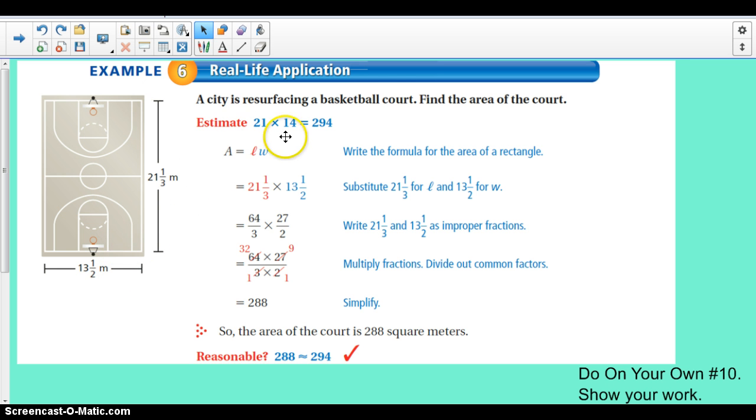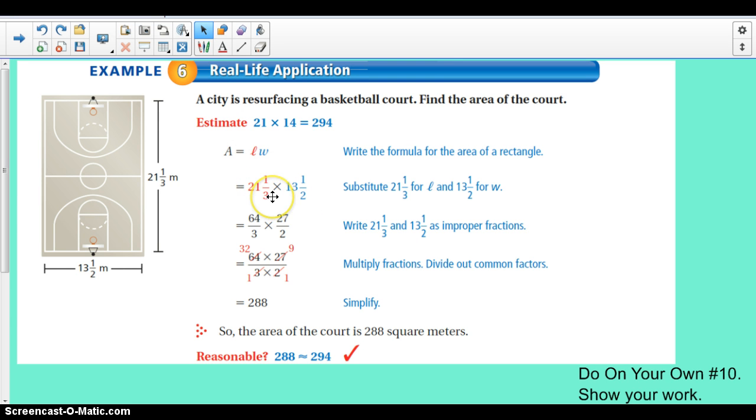Well, we know the area for a rectangle is figured out by length times width. In this case, 21 1/3 times 13.5. All right, our label is meters. You have to make sure you have that in there. But you're going to do the same thing as before.